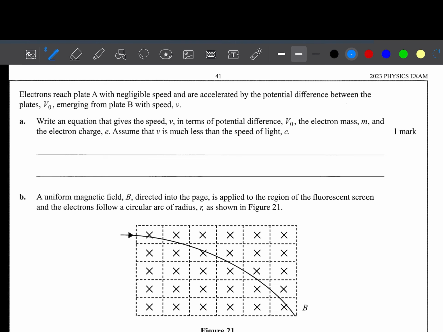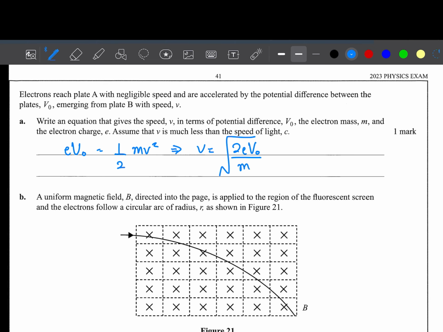Assume that v is much less than the speed of light. So it is going to be eV0 equals half mv squared. That implies that v is going to be the square root of 2eV0 over m.